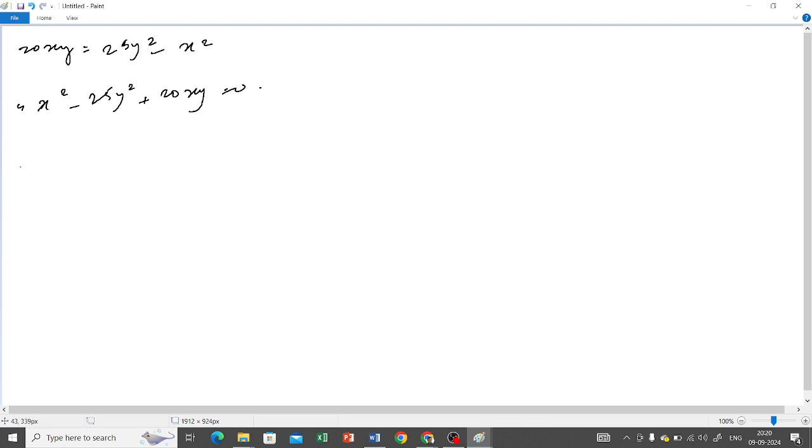Okay, this is what we are getting. So we have got a quadratic equation in terms of x. Minus b plus minus root of b square minus 4ac. Let us solve this.